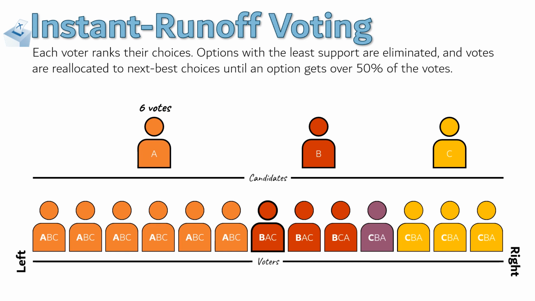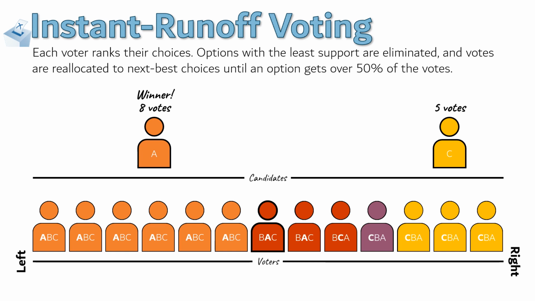A gets 6 first place votes, B gets 3 votes, and C gets 4 votes. Now it's B that has the fewest votes and gets eliminated. The 3 red voters are reallocated to their second choice. 2 of them list A as their second choice, so A gains 2 votes, while 1 reallocated voter lists C as their second choice, so C gains 1 vote and A is declared the winner.